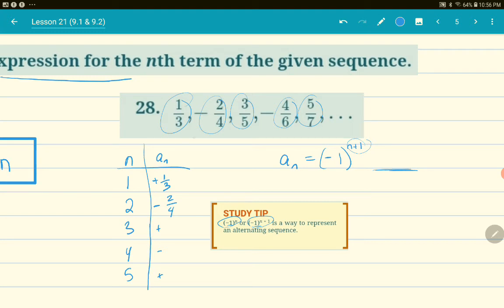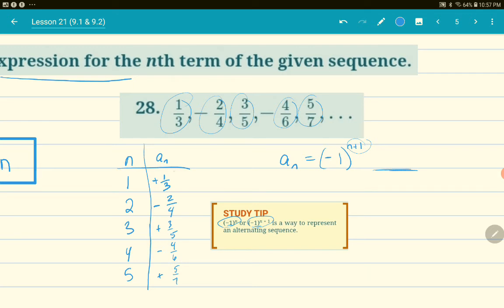But how do I get the fraction? Well, 1 goes to 1/3, 2 goes to 2/4, 3 goes to 3/5, 4 goes to 4/6. Go ahead and pause the video and see if you can find that pattern and find that general term. What's going to come next?